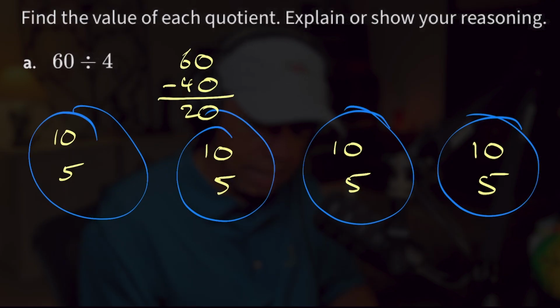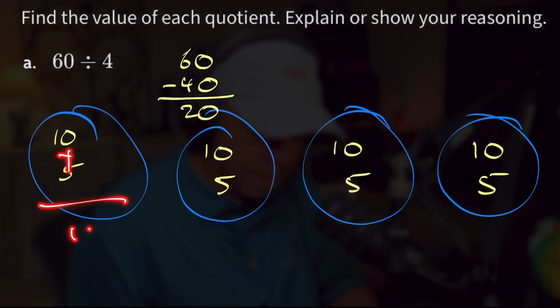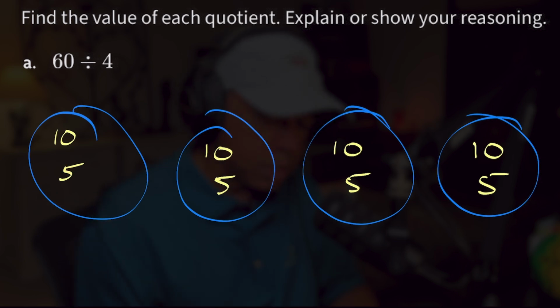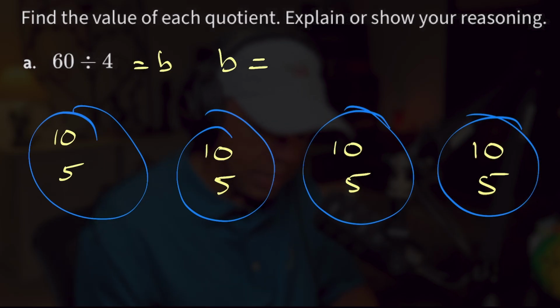That's it. I've passed out all 60 items, and I have 10 plus 5 giving me 15. So if I were to declare a variable b, b would be equal to 15.